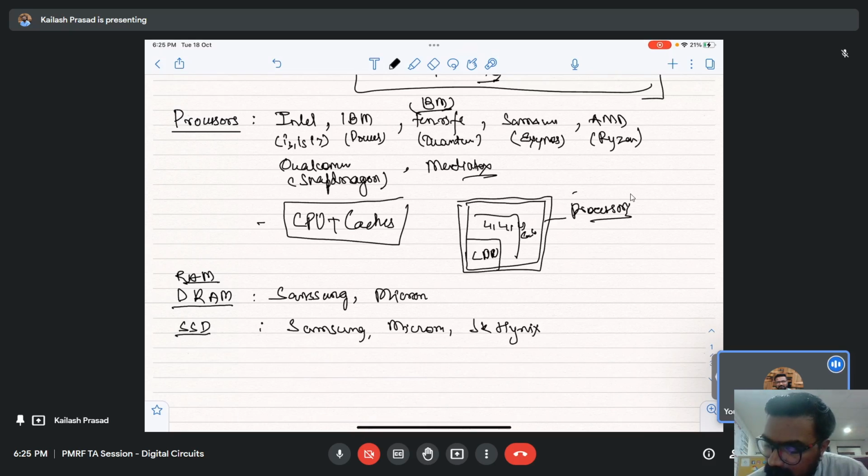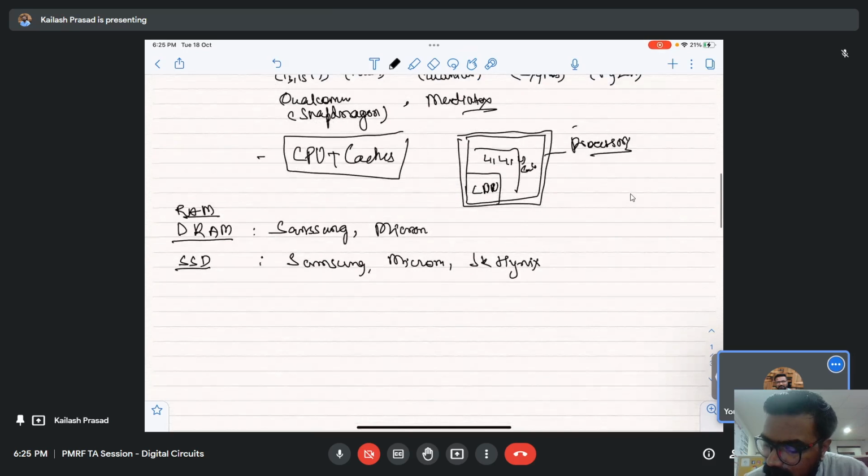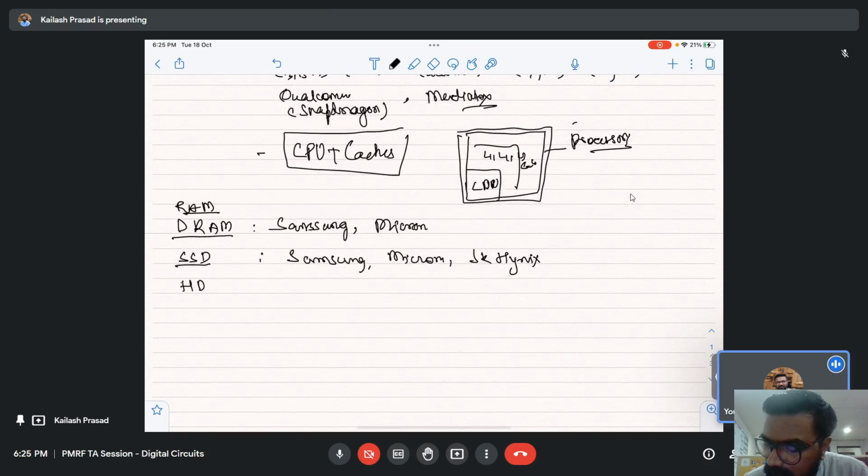Apart from that, when I go to magnetic hard drive, HDD, some of the companies are Seagate and Western Digital. These are the companies which design this kind of thing.